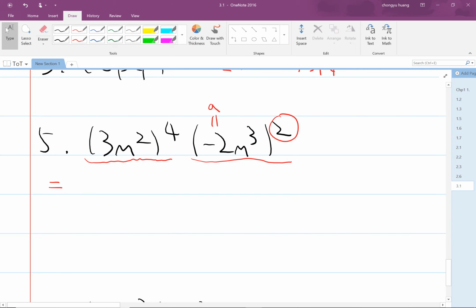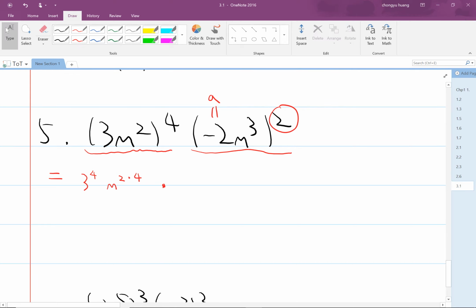So we have 3 to the power 4, and then n is simply 2 multiplied by 4. Let me show you the steps one by one.